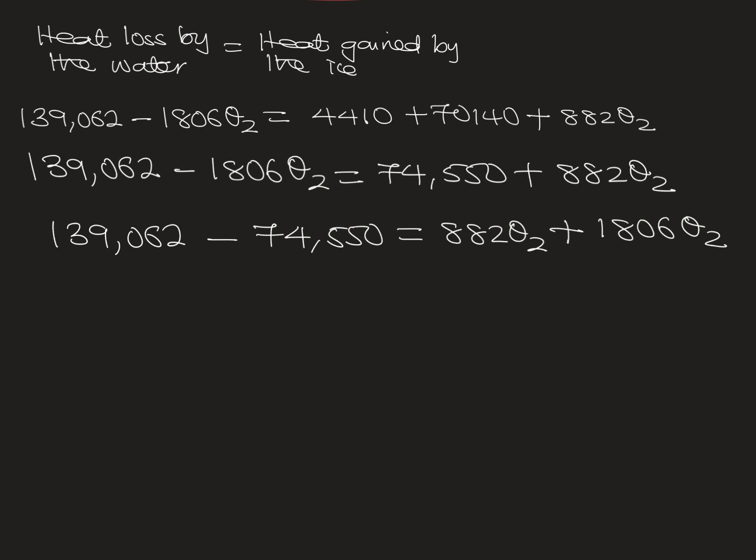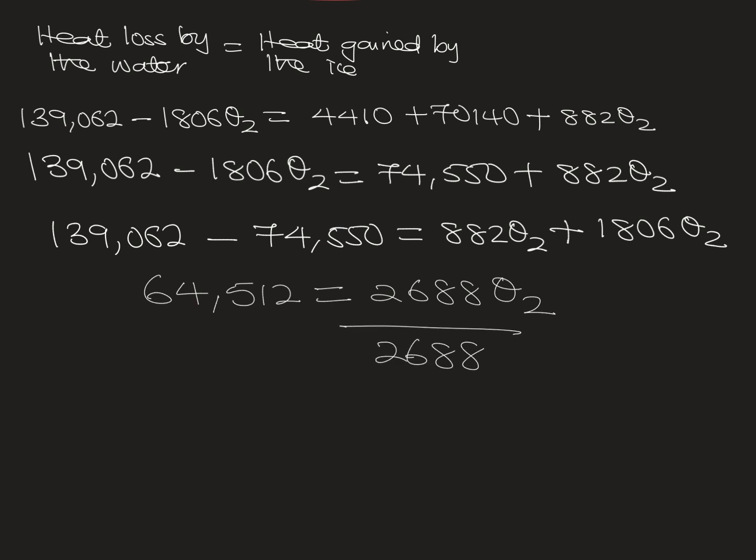So 139062 minus 74,550, that is 64,512. This is equal to 882 plus 1806, which is 2688 theta 2. To find theta 2, I will divide both sides by 2688.